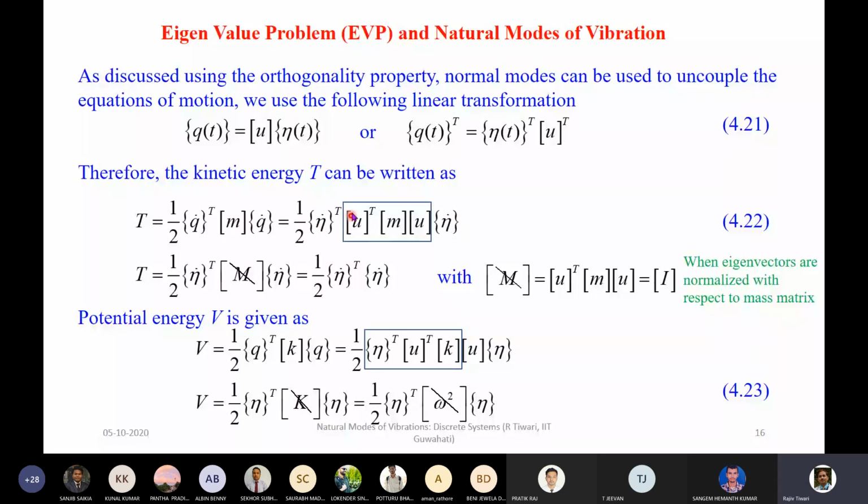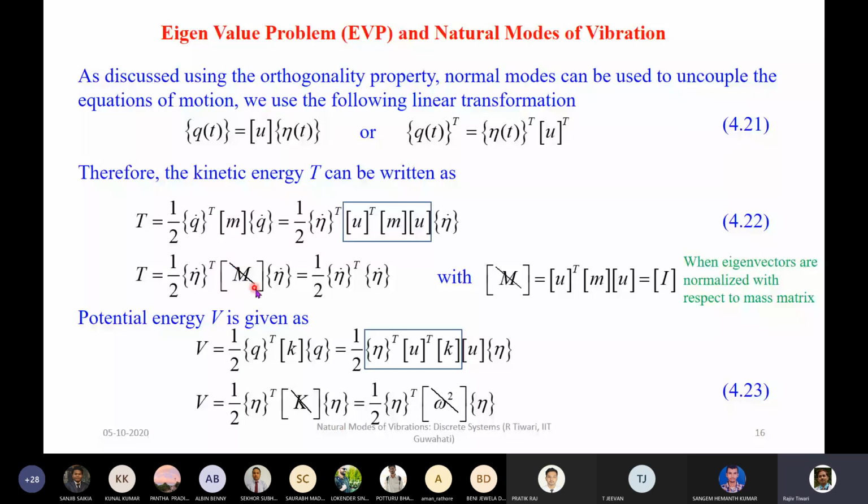If you see the terms within the bracket, we have defined this earlier. So if we normalize the eigenvector with respect to mass, we expect this will be nothing but a diagonal matrix. And in fact, if we normalize equal to 1, this diagonal matrix will be the identity matrix.